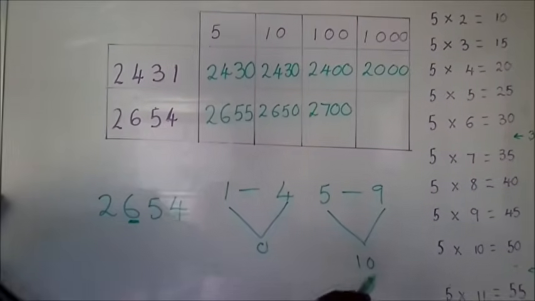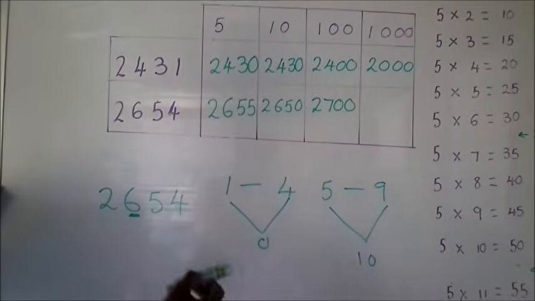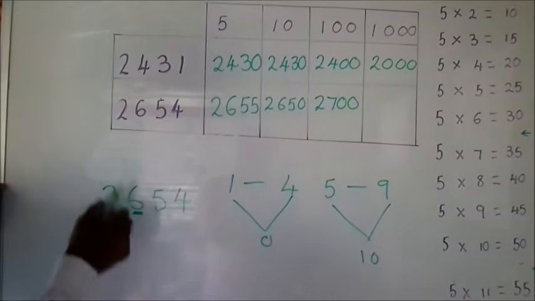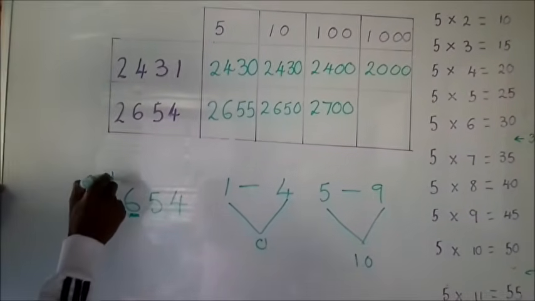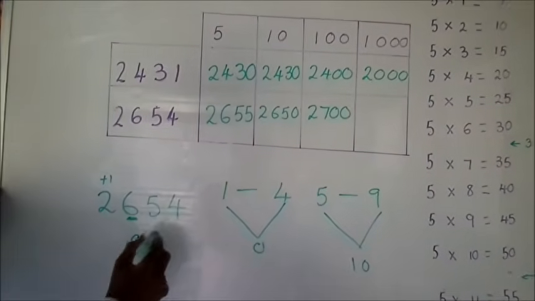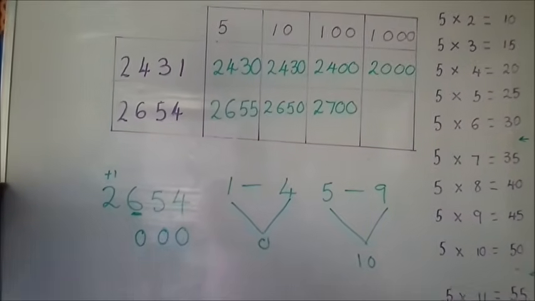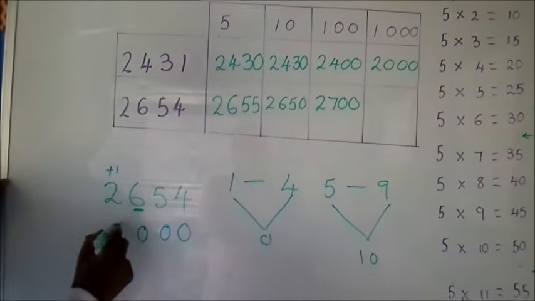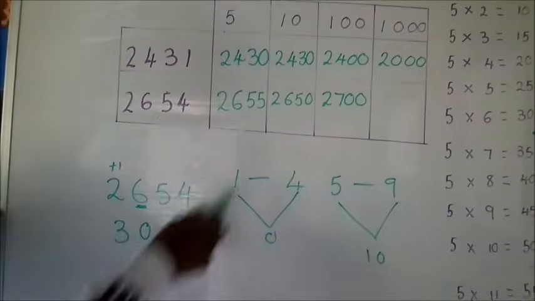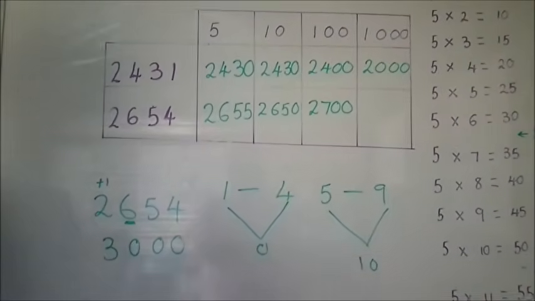Remember, the moment you say it's nearer to 10, we must add 1 to the following number because it's rounding up. So now I'm going to add plus 1. 6 always will become 0. All the numbers behind 6 will become 0. 1 plus 2 is 3. So 2654 to the nearest 1000 is 3000.